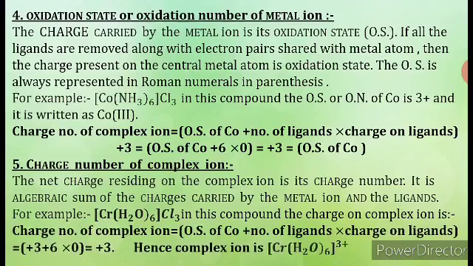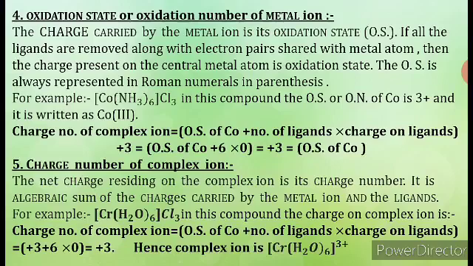So the charge number of the complex is equal to the oxidation state of chromium plus the number of ligands into the charge on the ligands. So plus 3 charge on chromium plus 6 into water, again a neutral ligand, so it is 0, so it comes to 3.